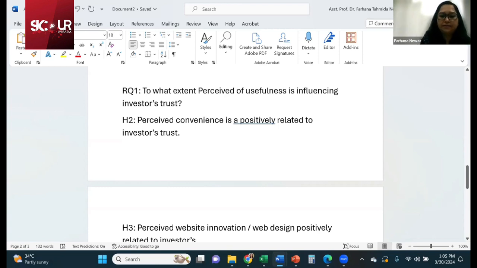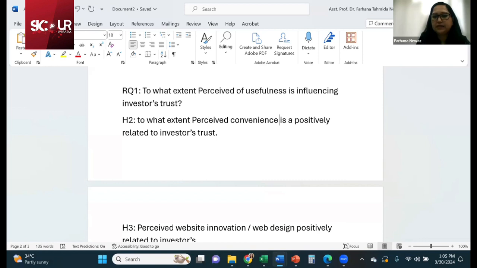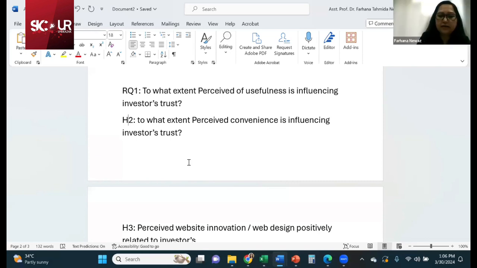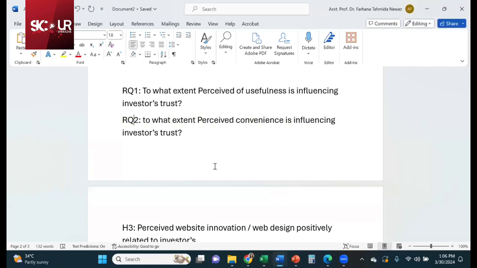Then, to what extent is perceived convenience influencing investors' trust? Make sense or not? If not making sense, Prof, yes, please. Do you keep the question open-ended like this, to what extent, or do you go a bit more specific, like does higher perceived usefulness influence investors' trust?